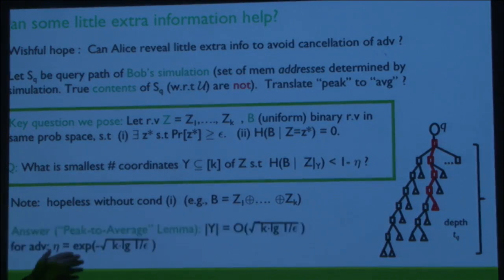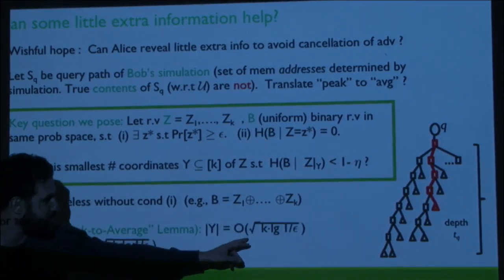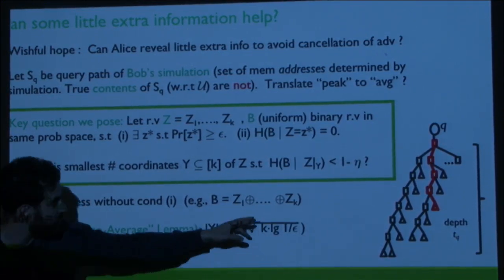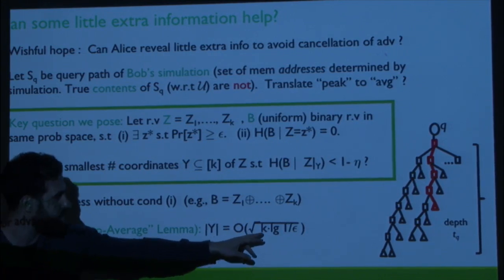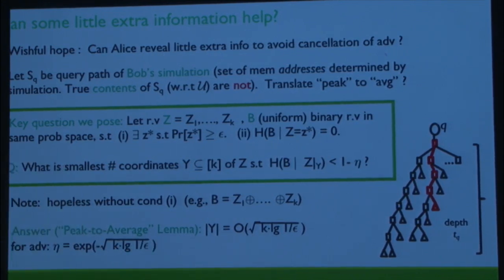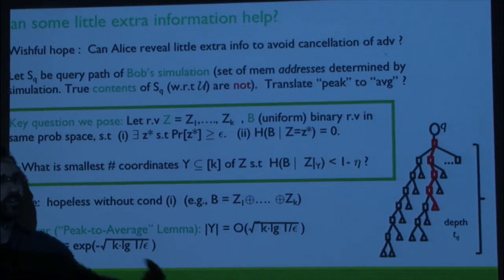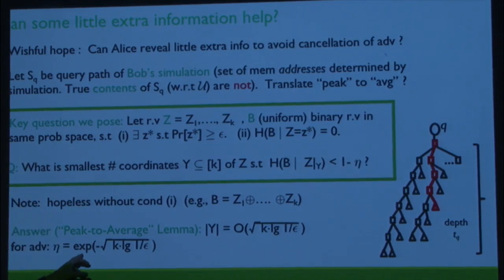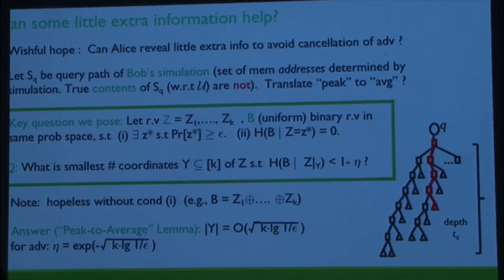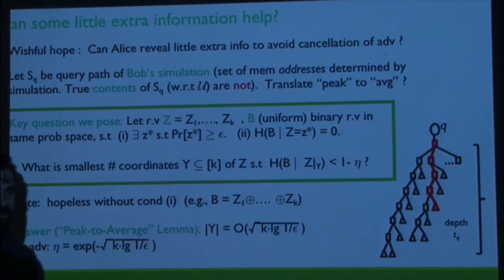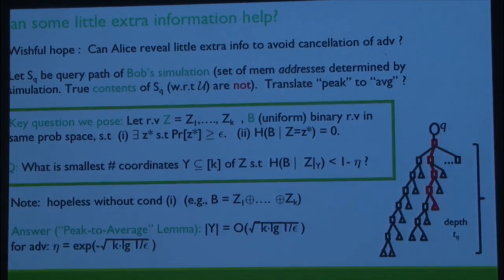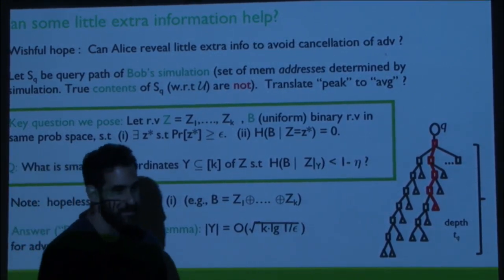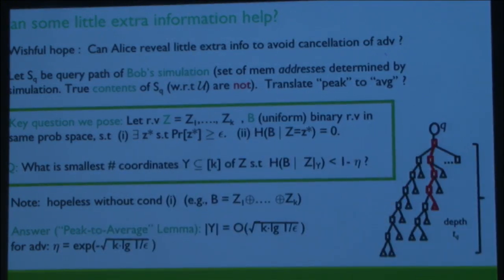And really the heart of the paper is that conditioning on roughly square root k, or square root k log 1 over epsilon coordinates, suffices to get not a constant advantage, but some exponential in square root k advantage. So it's the same expression here. Epsilon we think of as like a constant here? No, no. Epsilon, remember, is the success probability of the algorithm.